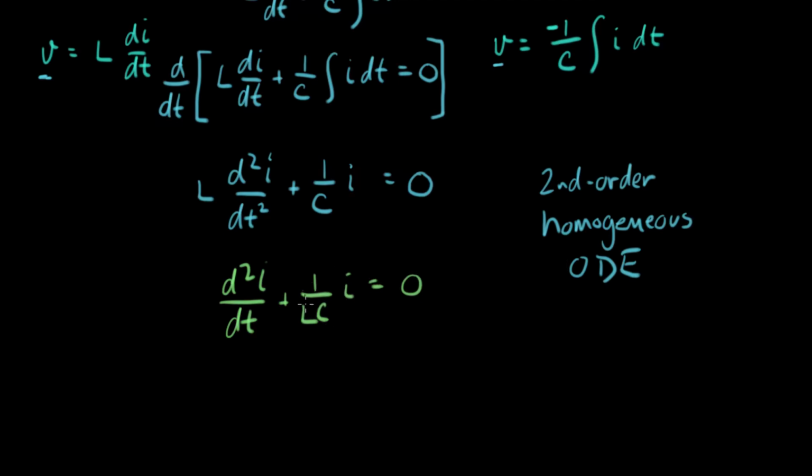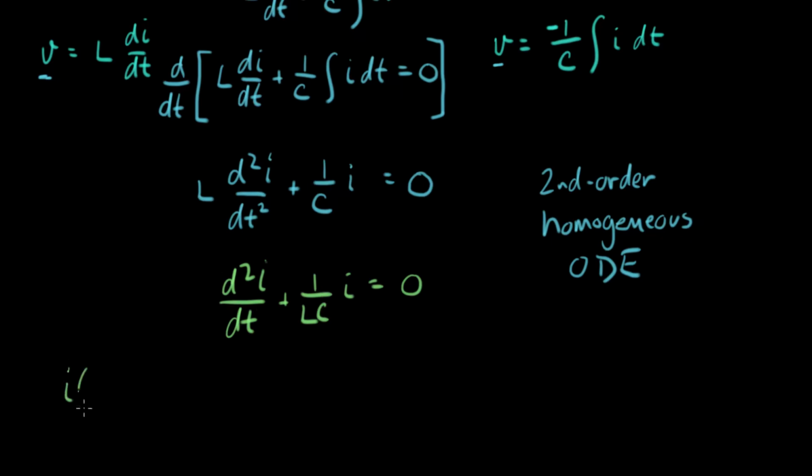So a scaling factor times I has to somehow fully subtract from the second derivative of I. These two terms have to somehow look alike for all time. There's one function I know where its derivatives look like what we started with, and that's the exponential function. So I'm going to make a guess.